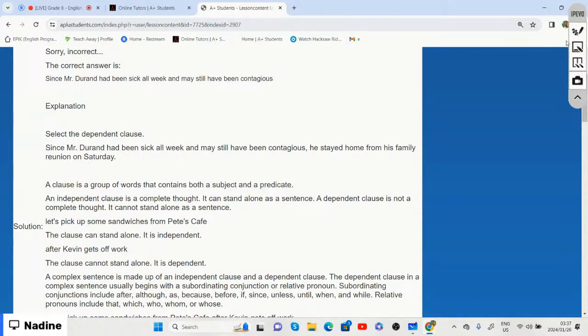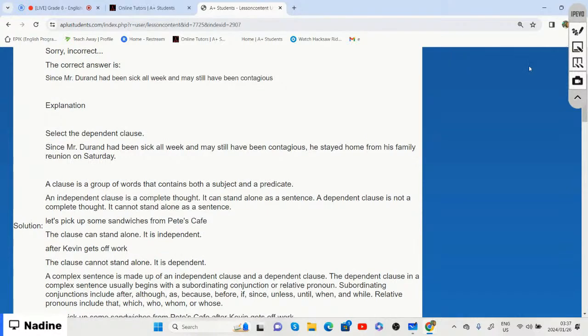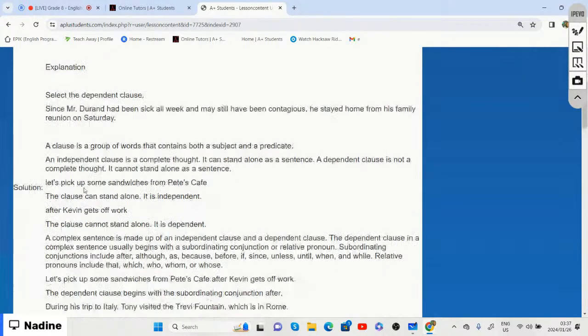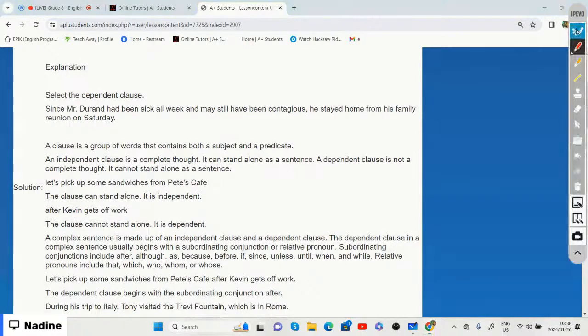For example, if we look at the sentence, let's pick up some sandwiches from Pete's Cafe, right? This is an independent clause because it can basically stand on its own.